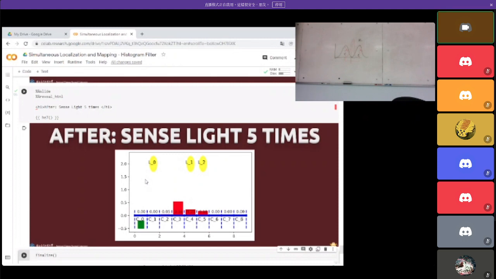But if I have 1 million cells, my histogram filter is going to have to iterate over the 1 million cells, right? Now, most of those are going to have a value that is very close to 0.